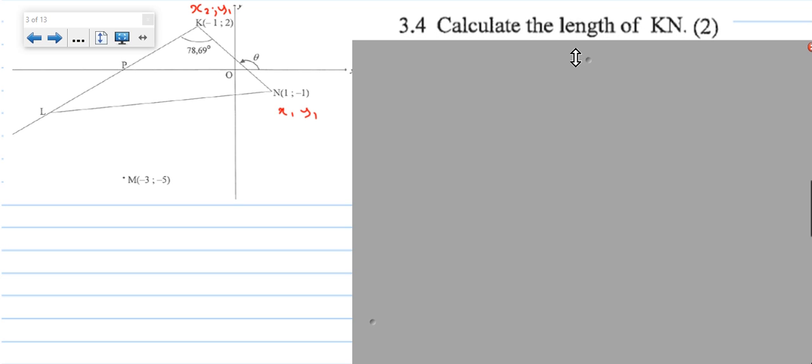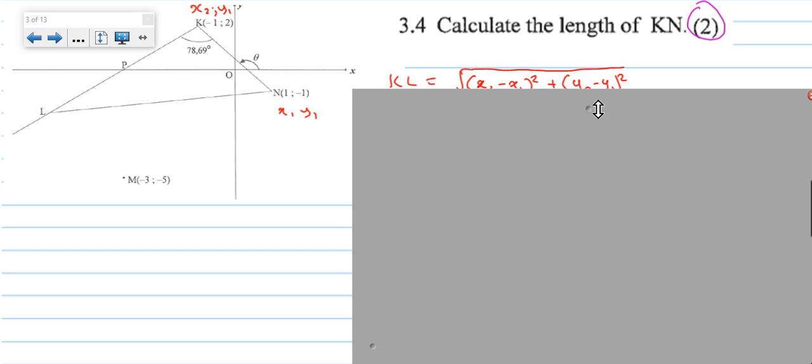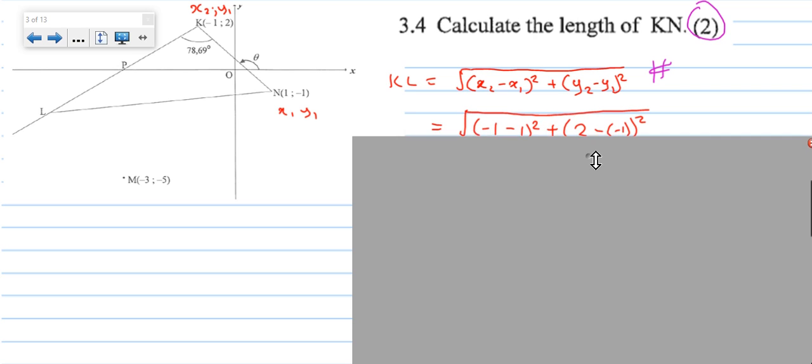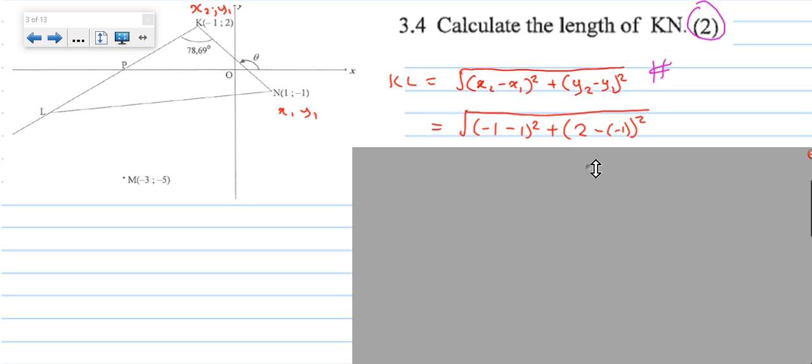Now we want to find the length of KN. So far, lots of level 2 questions. Write down the formula from your formula sheet correctly. Decide which is your x2, y2, and x1, y1. Preferably keep your 2's on top and your 1's on the bottom.